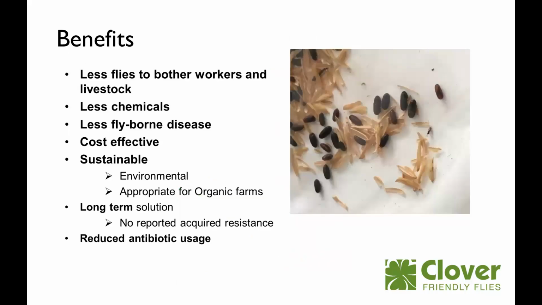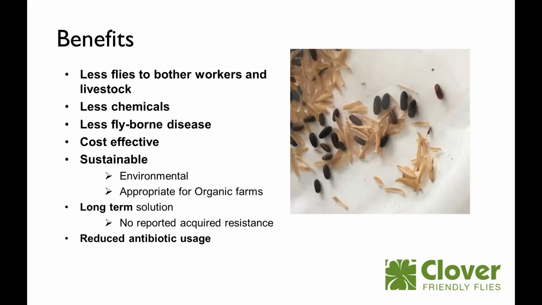So in terms of benefits, there are fewer flies to irritate workers and livestock. You can reduce your chemical usage because you're reducing the overall population. There's less fly-borne disease, as mentioned, with summer mastitis and New Forest disease just being a couple of examples.